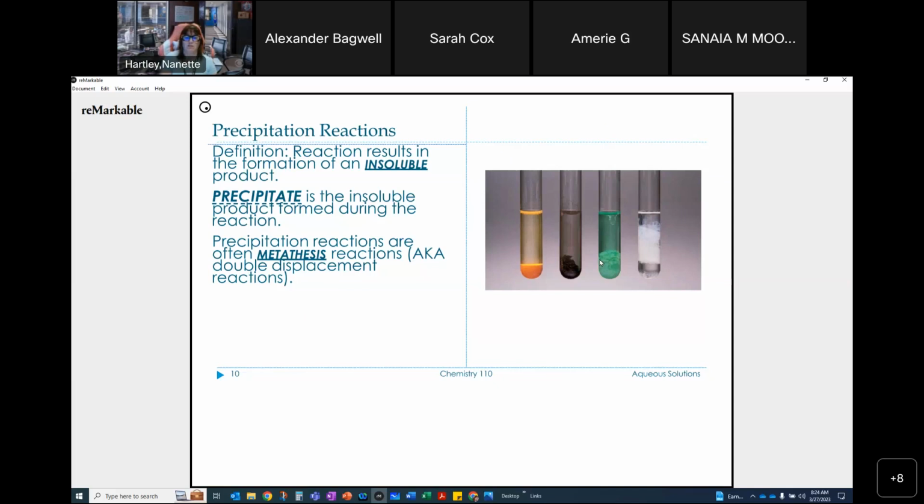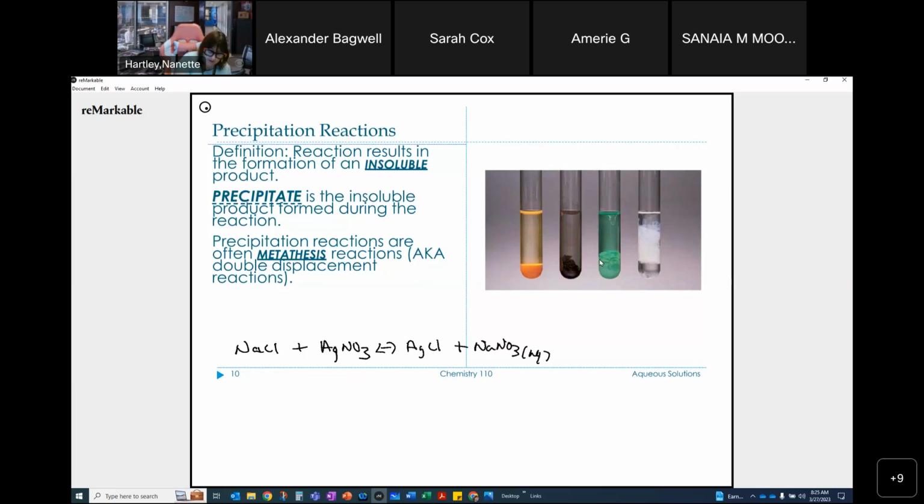Precipitation reactions are often metathesis reactions, aka double displacement. So when we talk about, for instance, sodium chloride, that can react with AgNO3, silver nitrate, and that will give me an AgCl plus an NaNO3.